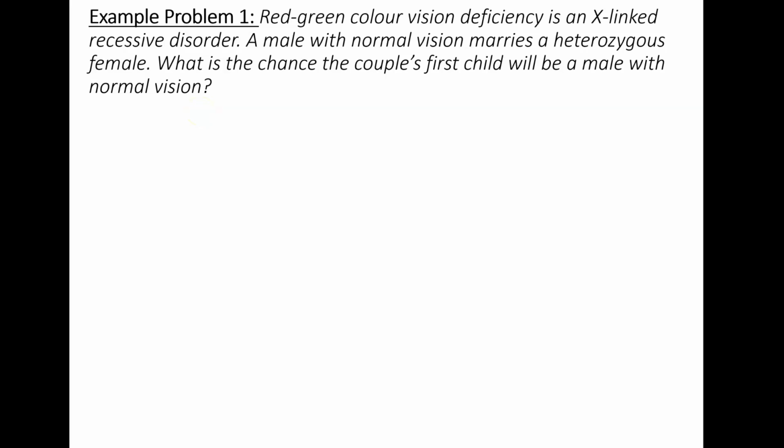First of all, we need a legend, and we need to choose the letters for the alleles. I'm going to use capital N for normal vision, because that is dominant. This is a sex-linked recessive disorder, so big N would be normal, and little n will represent red-green color vision deficiency.